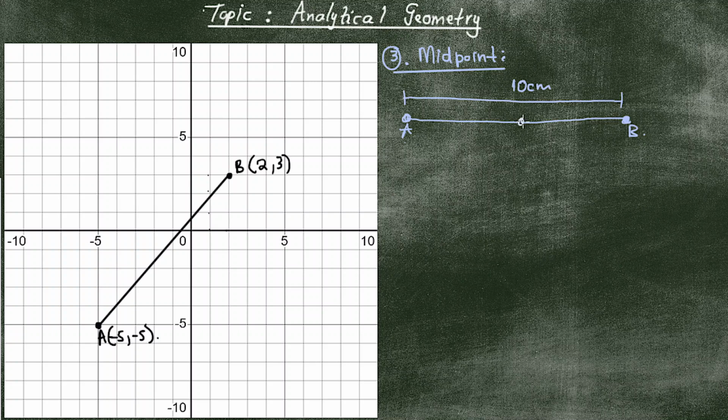Let's call this M, the midpoint. It means the distance between A and M is going to be 5, and between M and B it's also going to be 5. 5 plus 5 is equal to 10.